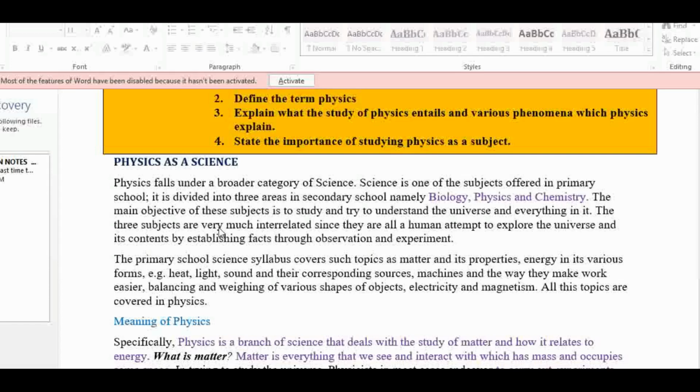The main objective of this subject is to study and try to understand all that is within the universe and everything that is inside this universe. So the three subjects are very much interrelated because they all are human attempts to explore the universe and its content, through the establishment of facts by observation and experimentation.